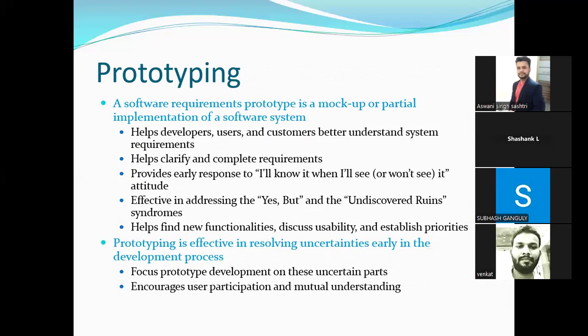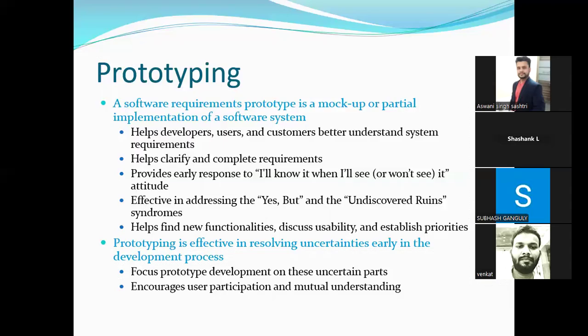It is effective in addressing the "yes, but" and the "undiscovered ruins" syndromes. It helps find new functionalities, discuss usability, and establish priorities. Prototyping is effective in resolving uncertainties early in the development process. Focusing prototype development on these uncertain parts encourages user participation and mutual understanding. Thank you so much, Shashank.